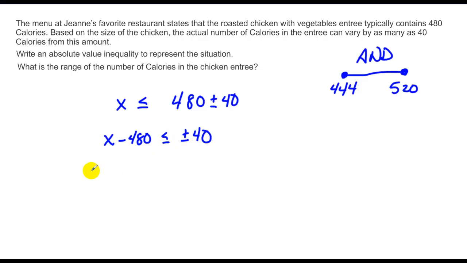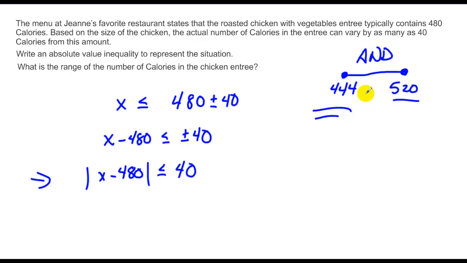Get rid of the plus and minus by putting in an absolute value. And there is my statement. So here's my inequality, and here is my range between 440 and 520.